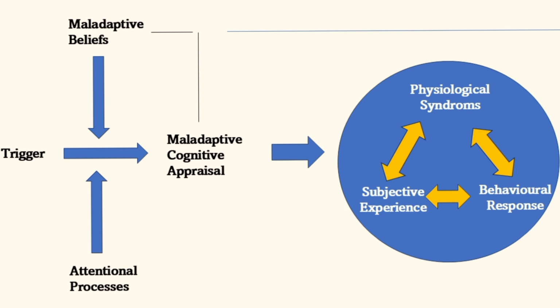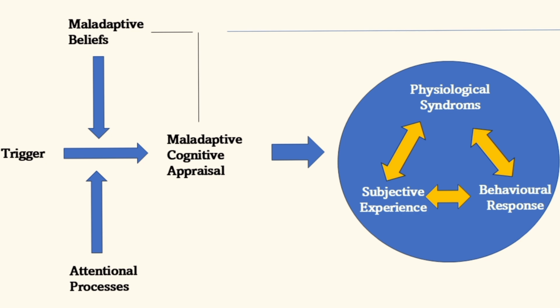According to this model, the maladaptive beliefs we call schemas can lead to maladaptive specific cognitions when attention is allocated to aspects of certain triggers such as situations, events, sensations, or even sometimes thoughts.